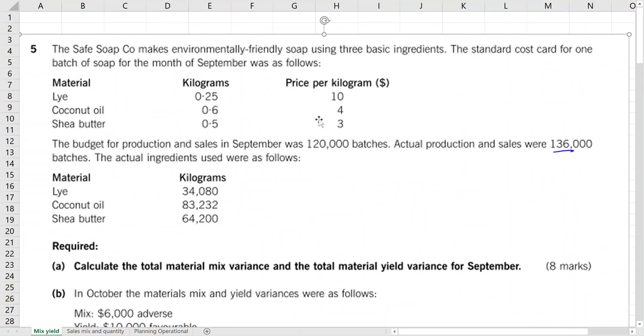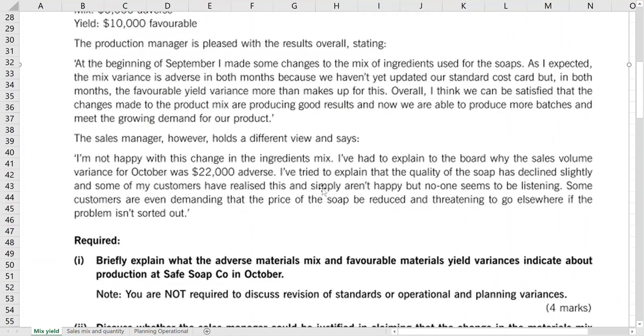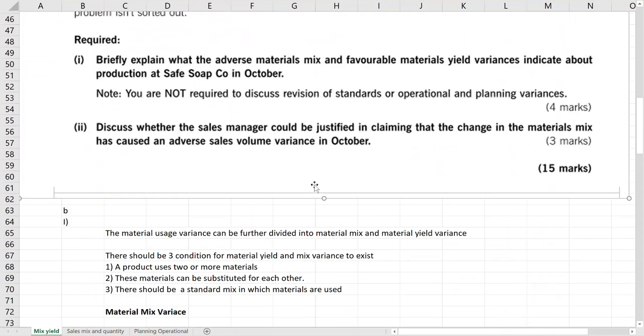If I use less expensive material, more cheap material, my mix variance will be favorable. If I use more expensive material and less cheap material, then my mix will be adverse. Okay? So it focuses on the cost of input of the material. Is the input expensive or cheaper?